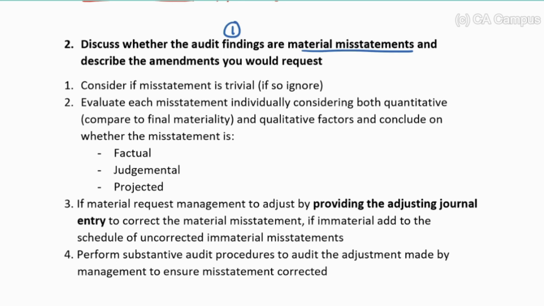So guys, that's a step that you could add to our evaluation process, but often this is ignored as a step because most audit findings would not be considered trivial. And trivial is where we believe a misstatement would be insignificant to the users.